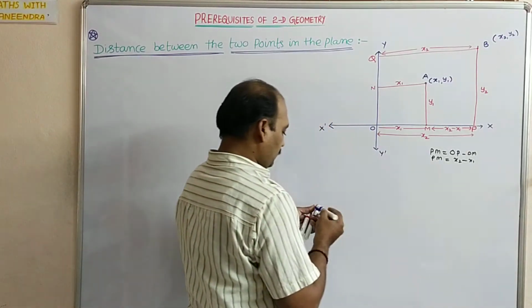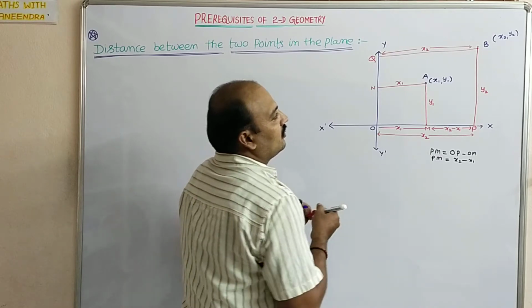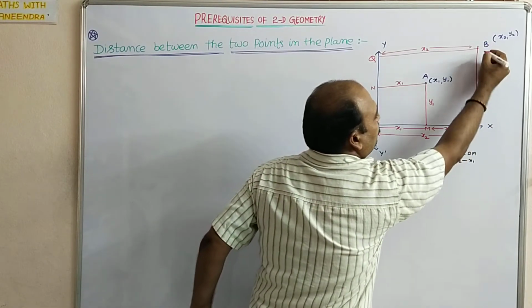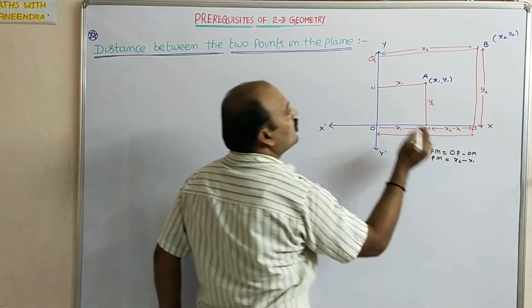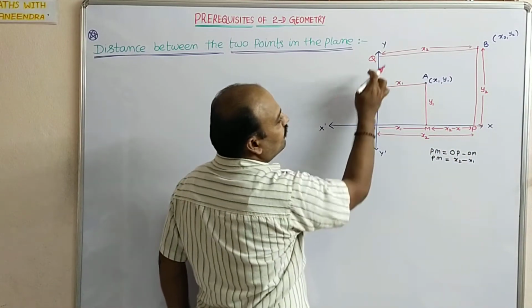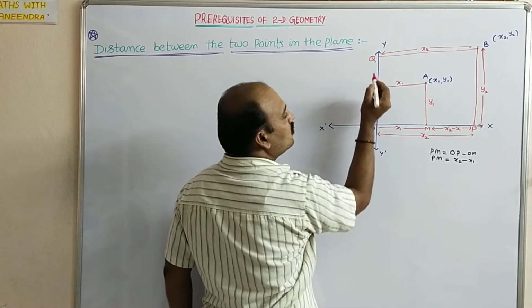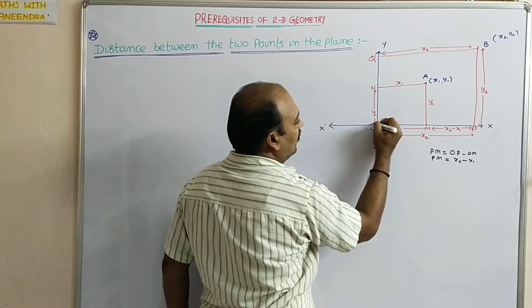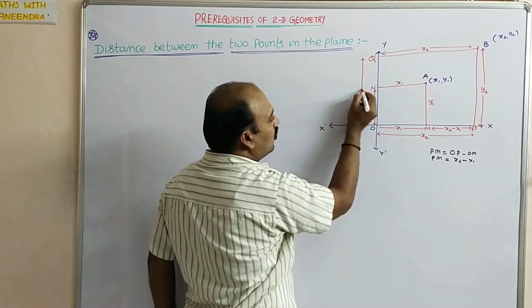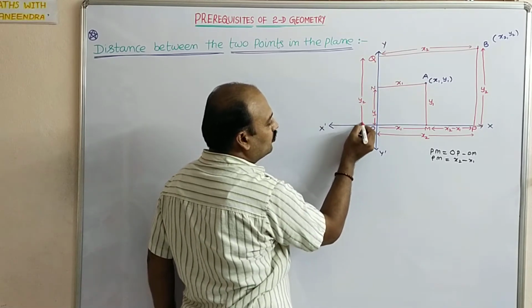Similarly, from here to here it is y2. The distance from point B to the x-axis is y2. The distance from N to O is y1. From Q to O, the distance is y2.